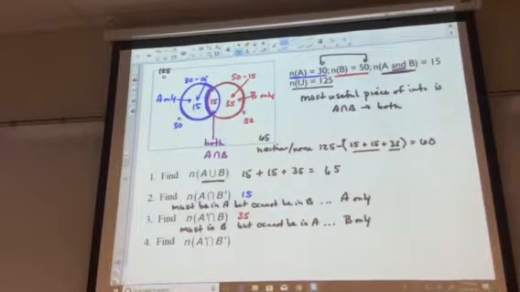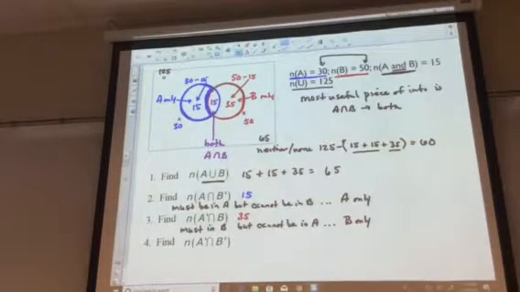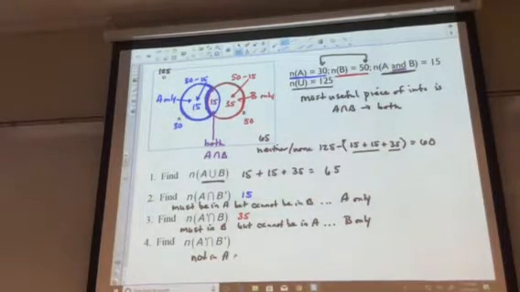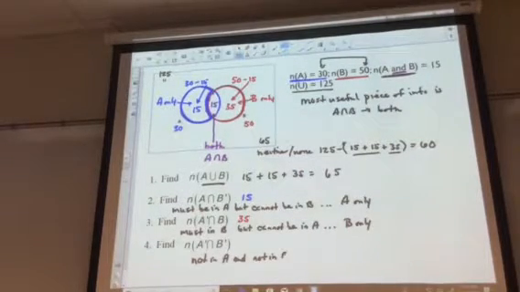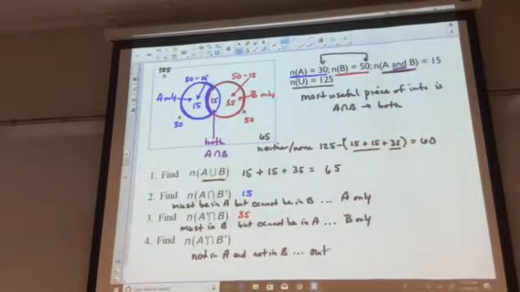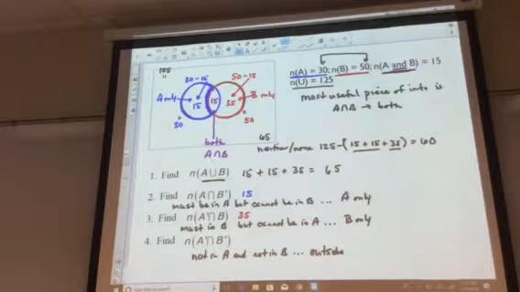And now how would you read the bottom one? It's not in A, and it's not in B. So it means it cannot be anywhere in the circles, right? Cannot be inside either circle A or circle B. So that's another way of saying it has to be outside the circles.